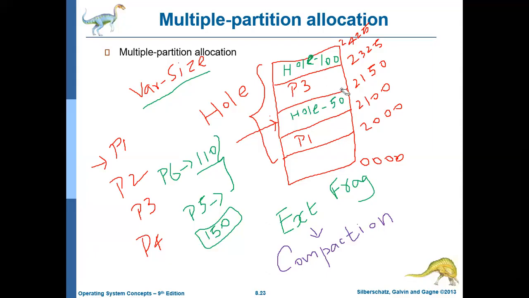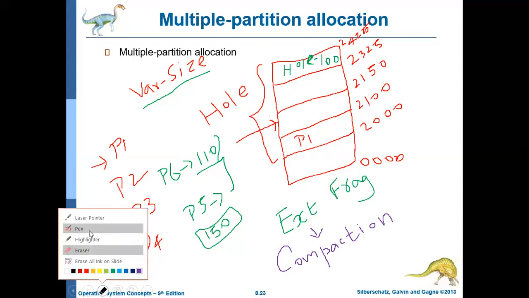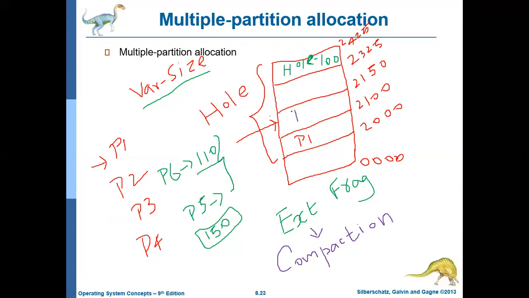P3 occupies 175 MB, and this hole is 100 and this hole is a 50 MB hole. So P3 will come here, this addressing will slightly change, and the holes will go here.